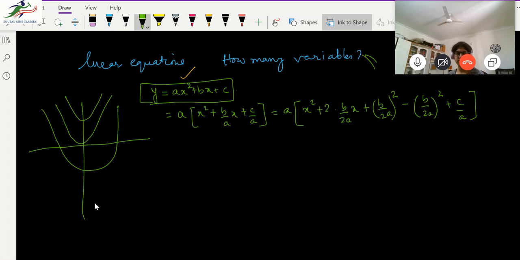If it is case 1, then I will have two points of intersection, meaning two roots. If it is the second case, then I will have only one root. And if it is the third case, then I will not have any roots because it is not touching the x-axis at all.